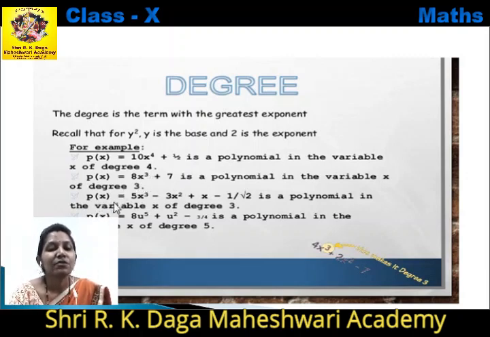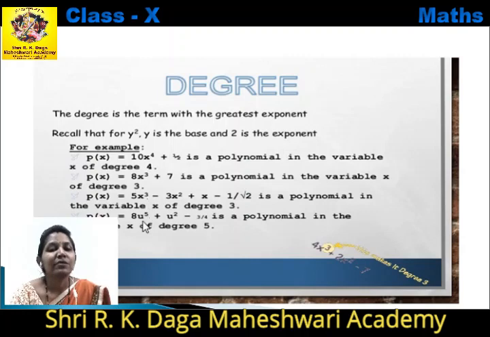In this example also you can see 5x cube minus 3x square plus x minus 1 by root 2. There are 4 terms and the highest power of variable x is 3. So its degree is 3.